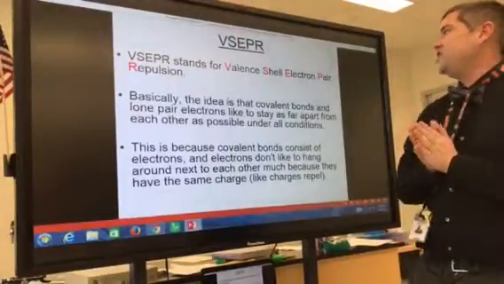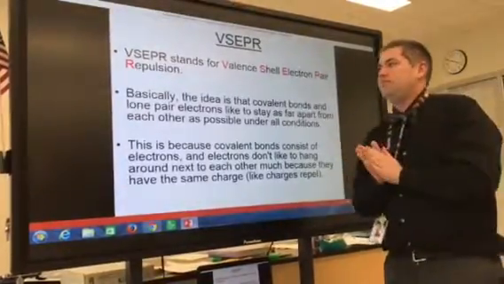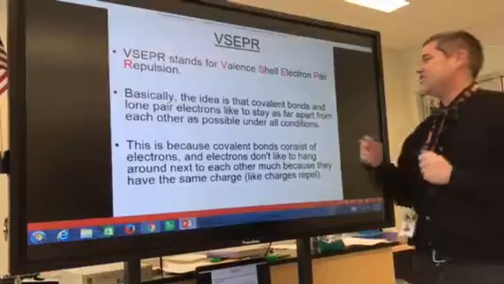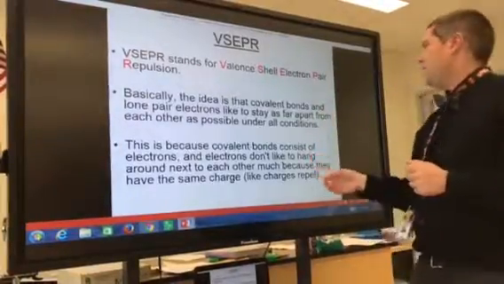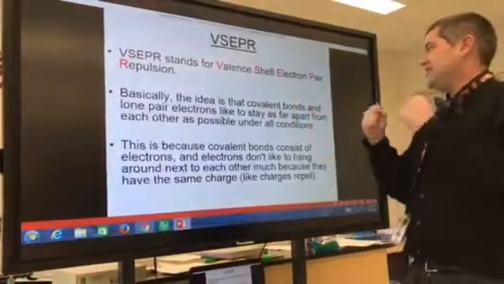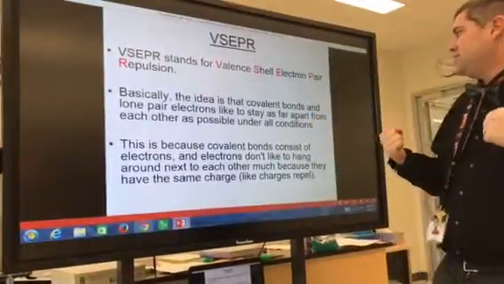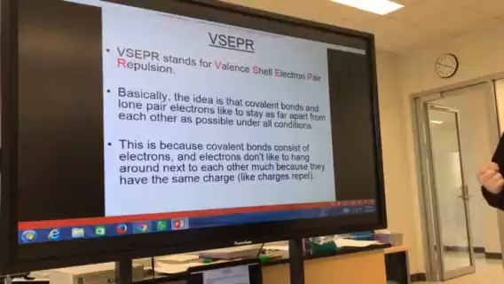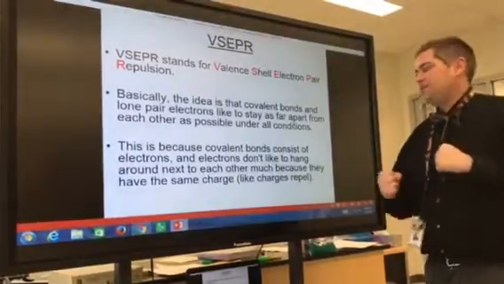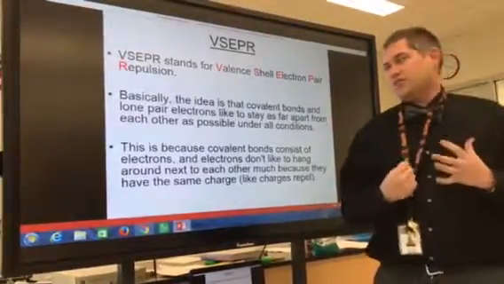VSEPR stands for valence shell electron pair repulsion. Basically, the idea is that covalent bonds and lone pair electrons like to stay as far apart from each other as possible under all conditions. This is because covalent bonds consist of electrons.